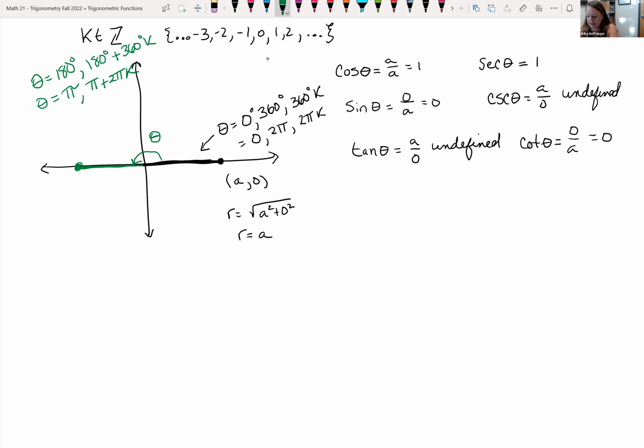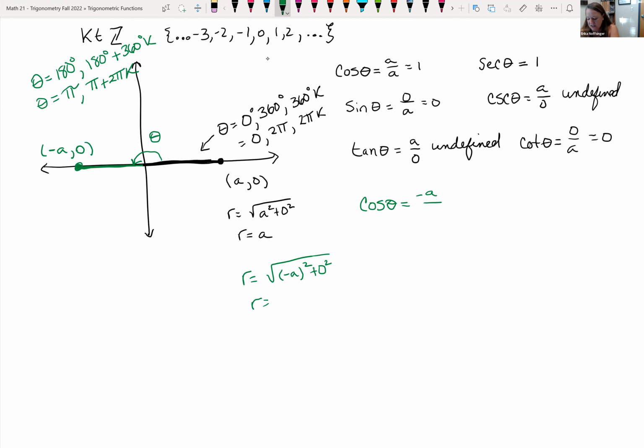So the only difference in this case is that our a value, this point here, would be negative. I'm going to say negative a. Our y value is still 0. And so cosine theta, this is equal to negative a all over r. But if we changed r, we're taking negative a quantity squared plus 0 squared.